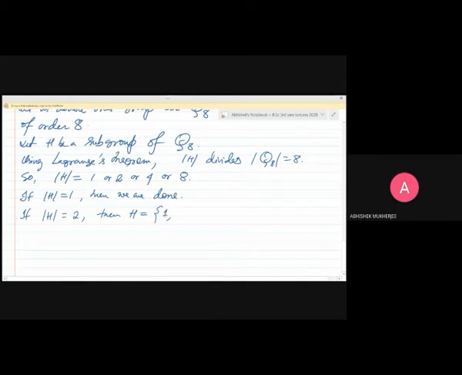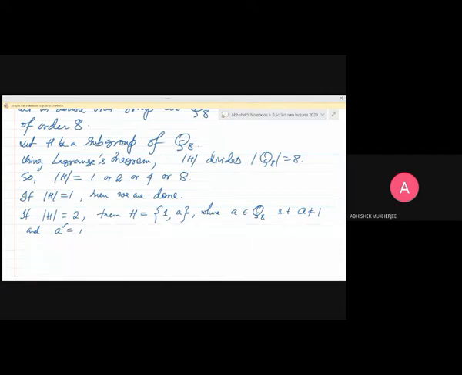So it is 1 and some element A, where A belongs to Q8 such that A is not equal to 1 and A square is 1. That is, the order of the element A is 2.